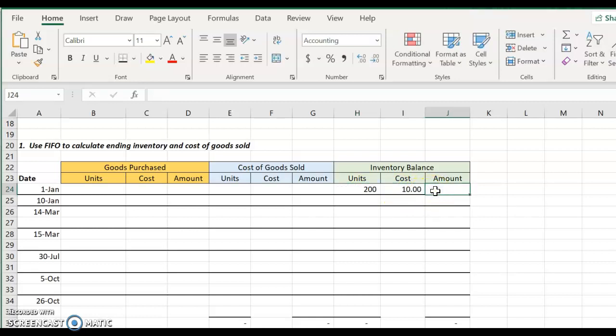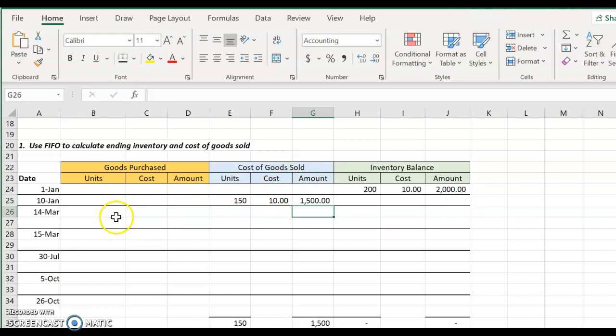And our amount then is the 10 times 200. On the 10th of January, we had a sale of 150 units. So we're going to put that in here at a cost of 10 because we only have the one layer of inventory.